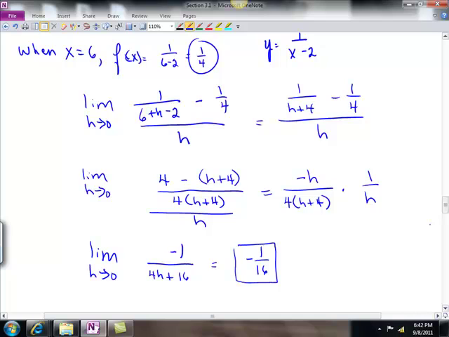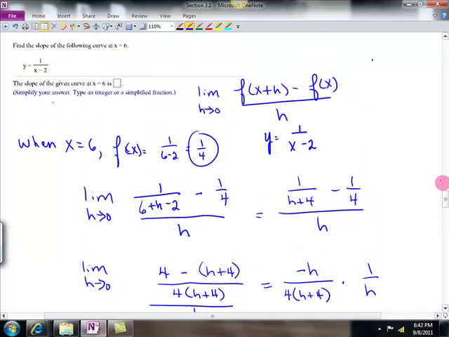Okay, so this is the work, but let's kind of look at it. One of the things that you'll find in questions like this is sometimes they just say the slope of the given curve at x equals 6. Well, sometimes you need to know what the y value is at 6. In this case, maybe we do, if we're going to use 6 in our formula and not use x plus h.